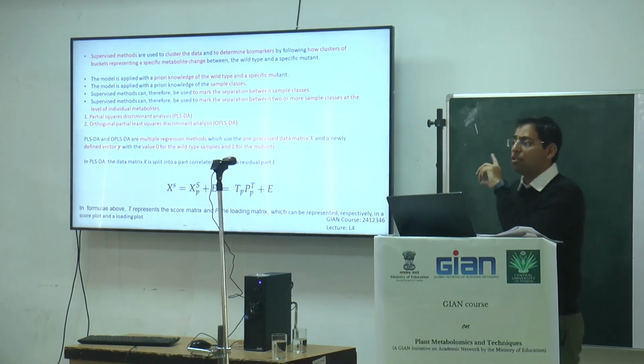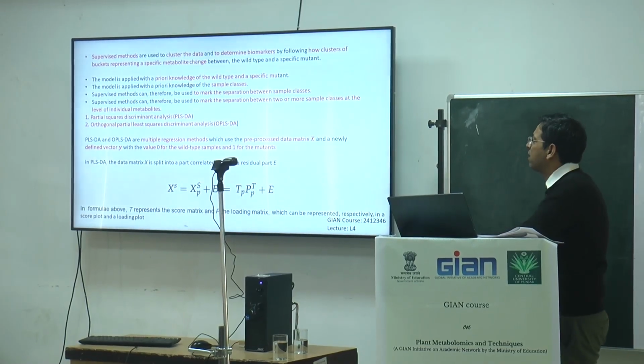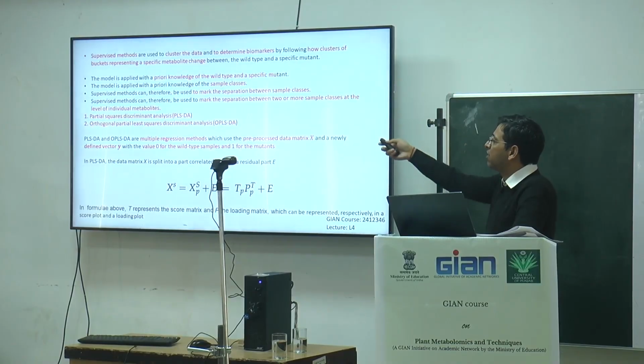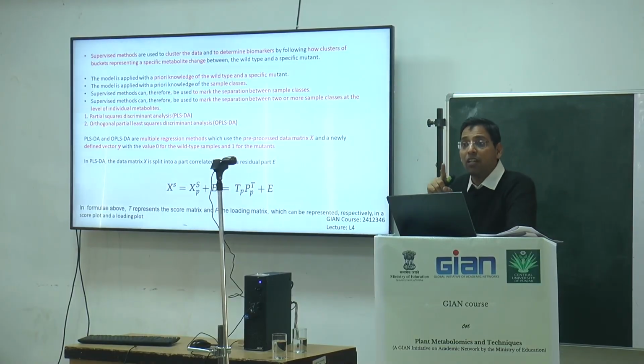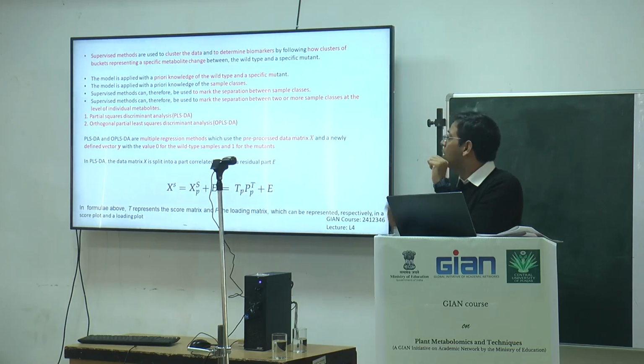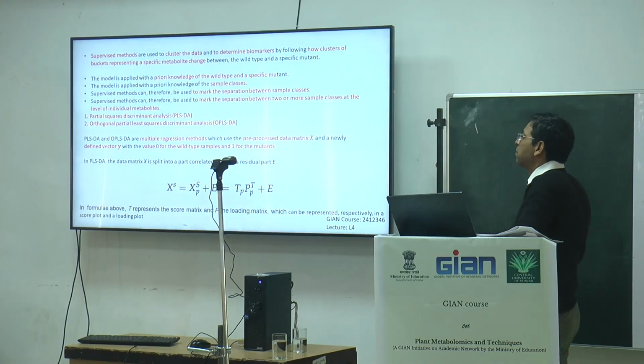This is a supervised one, and supervised means you have different clusters of buckets representing a specific metabolite change only. Here we can see how a single metabolite is changing from one bucket to the other. The wild type and the specific mutants are the example. This model is applied with prior knowledge of the wild type and the specific mutants only, otherwise you can't do this.